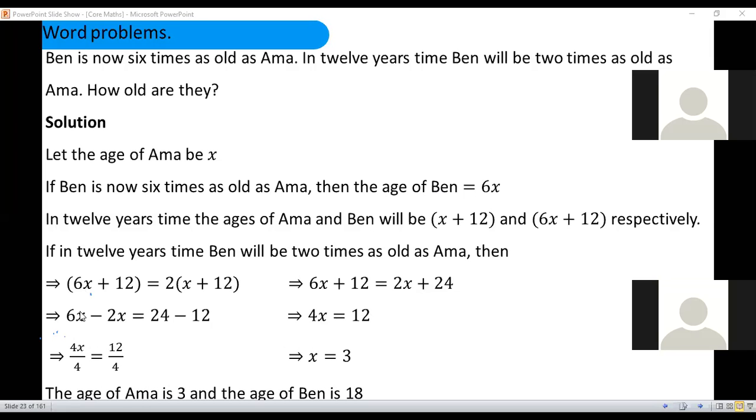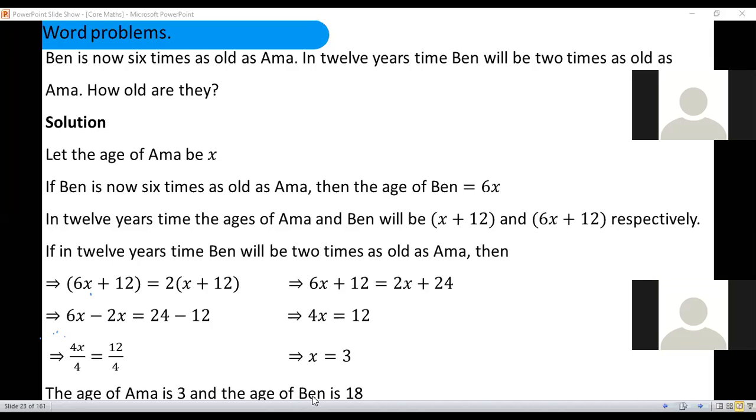So we're going to have 6x minus 2x is equal to 24 minus 12. Then we simplify that. We're going to get 4x is equal to 12.